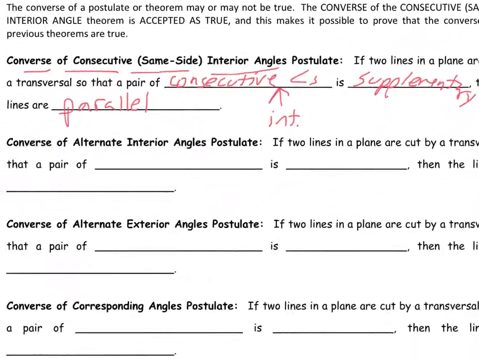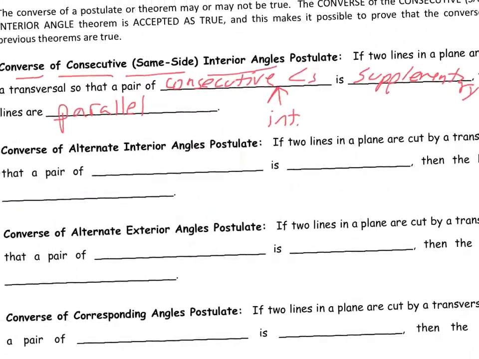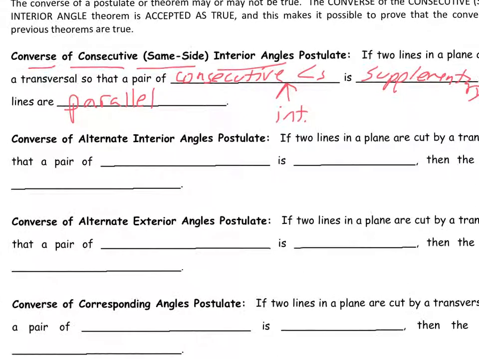All right, and we've got the same converse for each of those four postulates that we looked at yesterday. Alternate interior angles postulate: two lines in a plane are cut by a transversal. So basically, if alternate interior angles are congruent, then the lines are parallel.